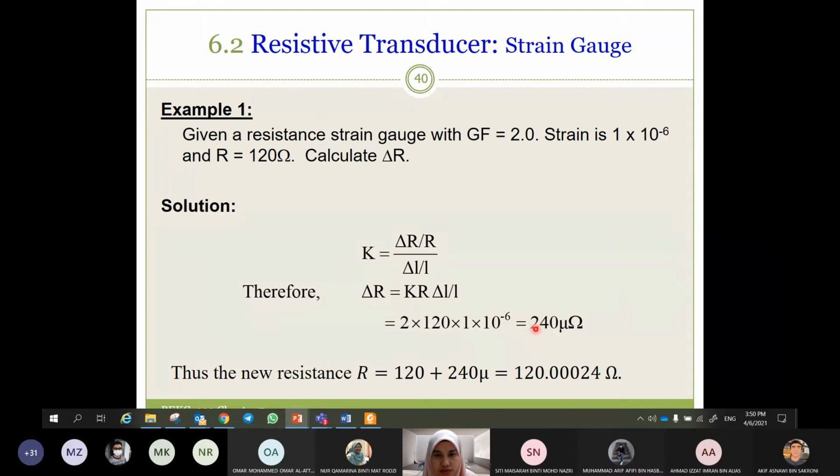So this is the change in resistance after we apply stress on this strain gauge. The change in resistance is 240 micro ohm. And the new resistance is the old plus the change. Any question?